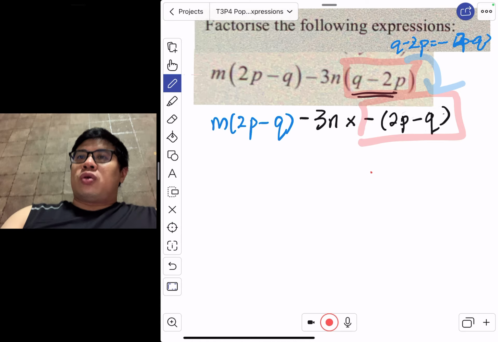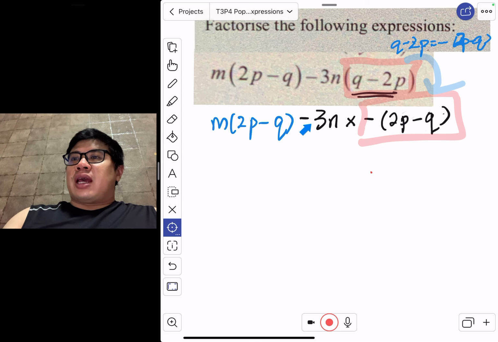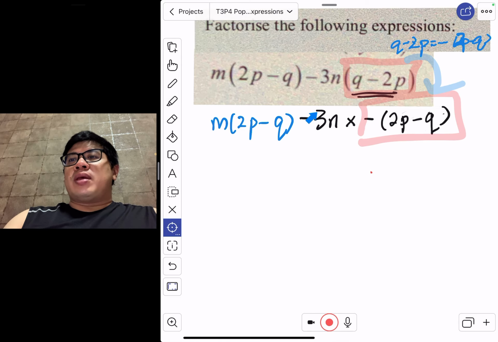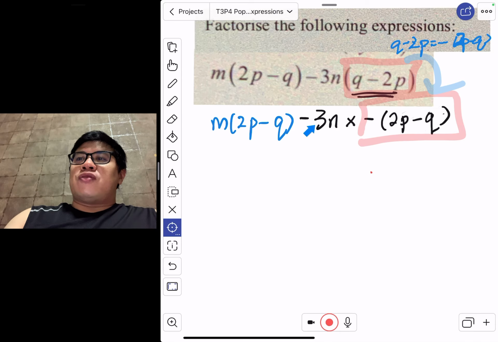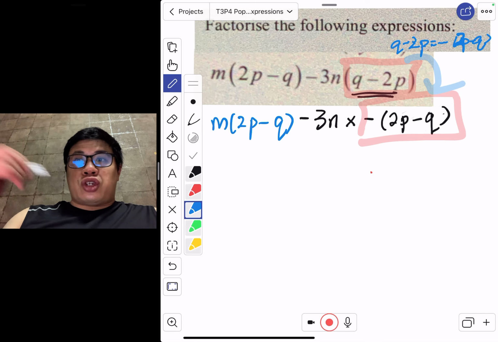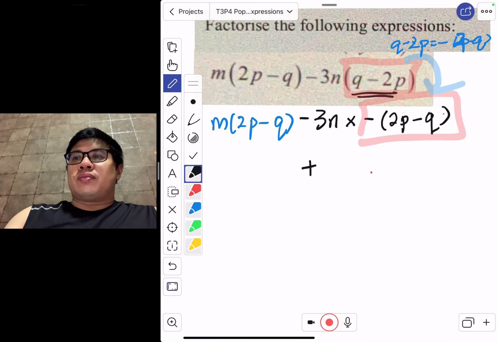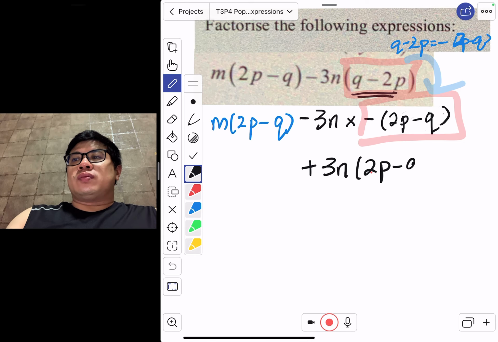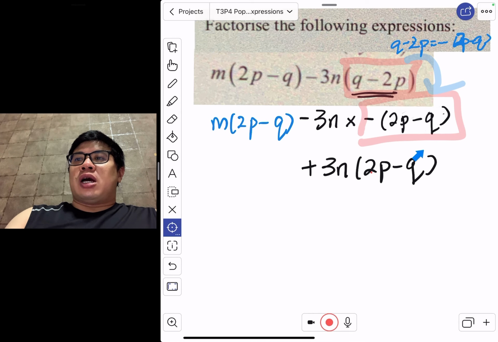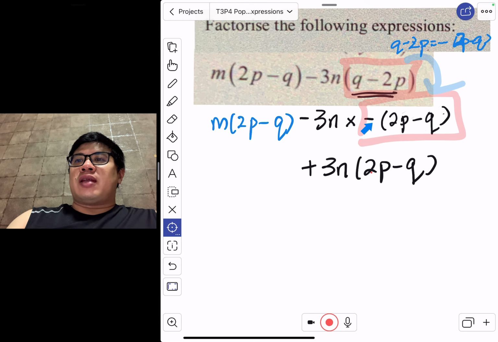So negative and negative: this is negative multiplied to 3n multiplied to negative. The negative 3n and the negative sign actually give you a positive 3n multiplied to 2p minus q, just by combining this negative and this negative sign.